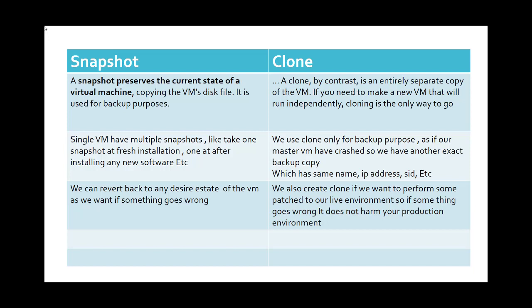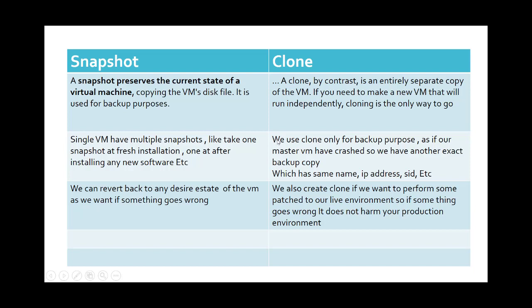We take a snapshot if we want to preserve a certain state of our virtual machine. Like if we want a fresh installation, we take a snapshot, and after installing any new software we take another snapshot, so we can revert back to any desired location or state as we want.